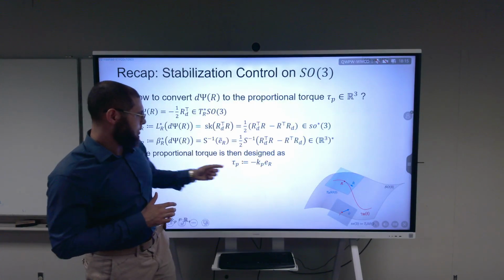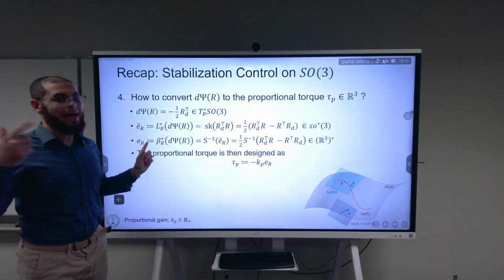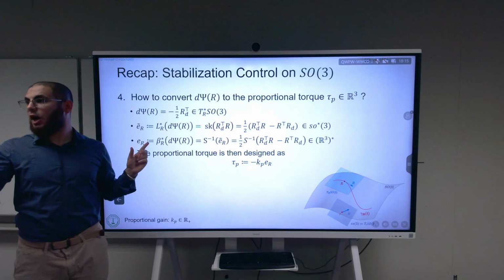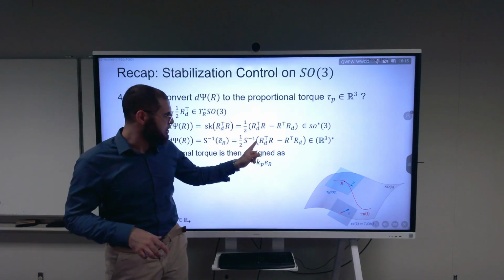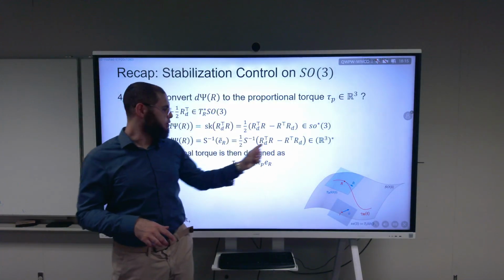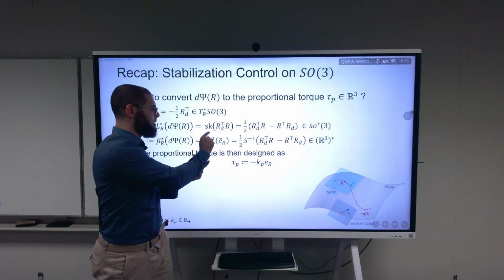The proportional term here. So you see here when we add this, if you start from the psi including the G, and you compute the error, you will have G here and minus G here. So actually you can show in the end that we have the skew symmetric term.